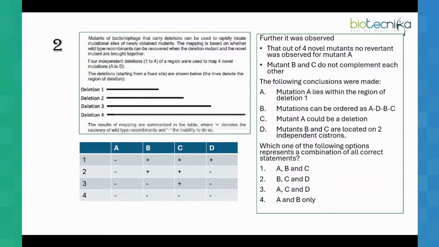If you have solved it, I would definitely like to know what answer you are reaching. Options are given here, 1, 2, 3, 4. Which one do you think is correct?